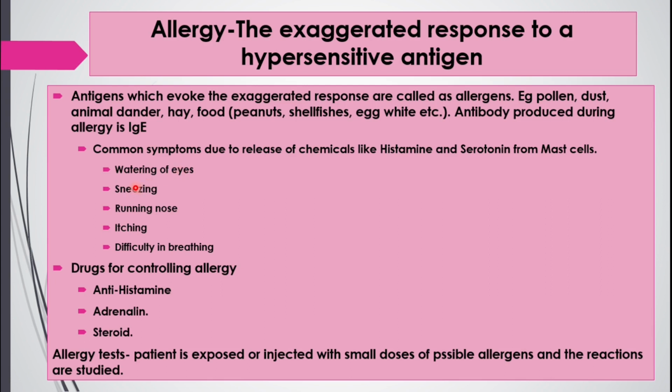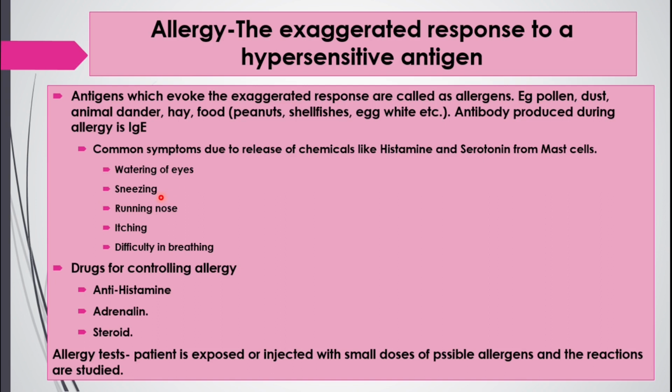These are some common allergic reactions: sneezing, running nose, itching of the skin, as well as development of certain rashes, as well as difficulty in breathing. Sometimes the reaction becomes very, very acute and the patient develops severe breathing difficulties. So these are all referred to as allergic reactions.